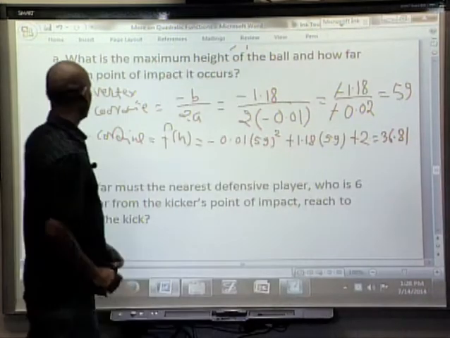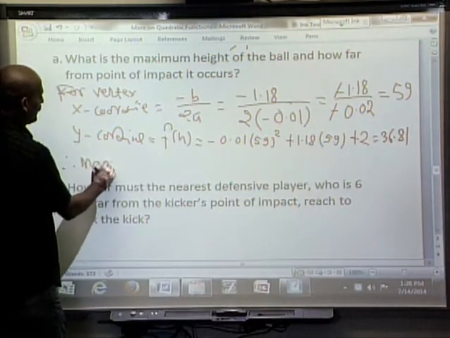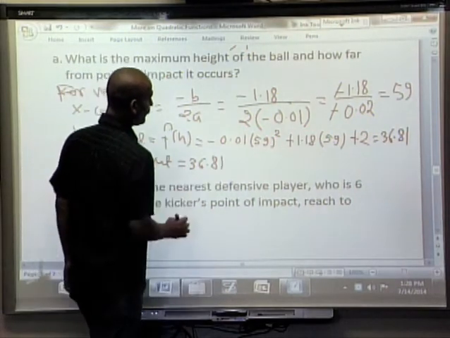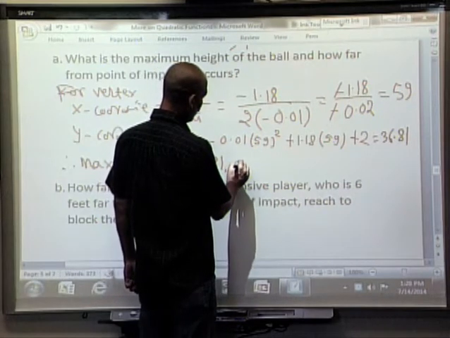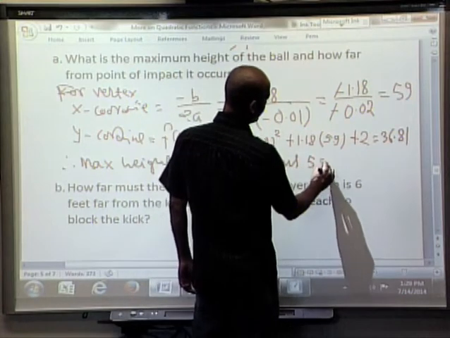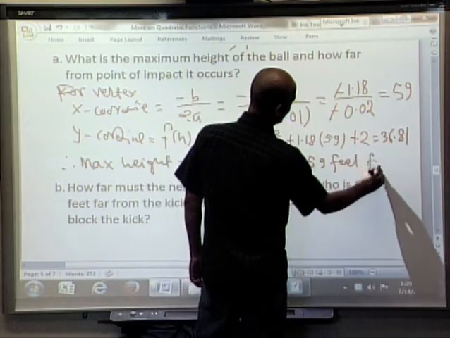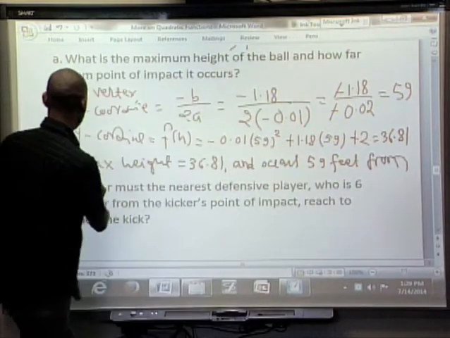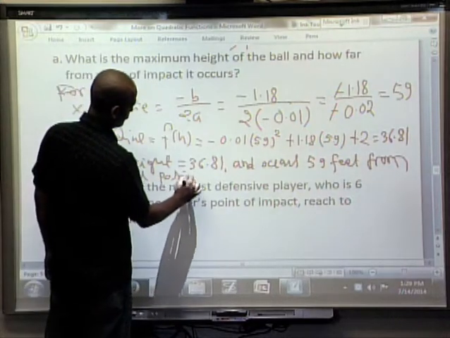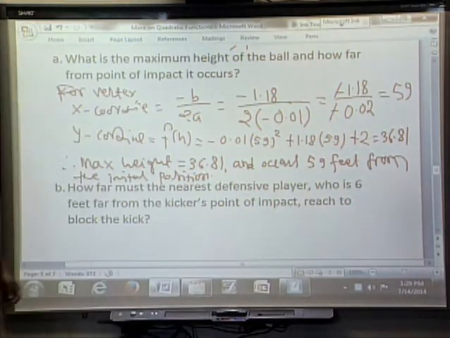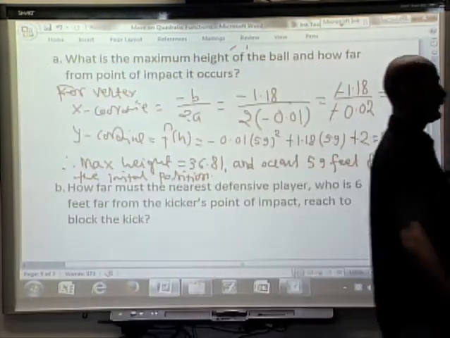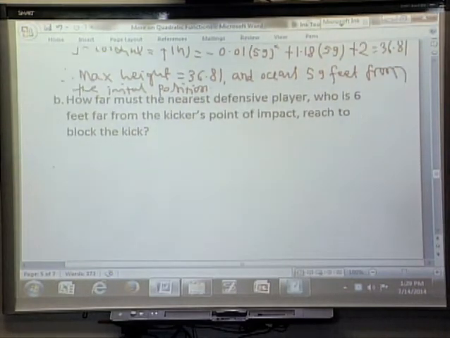Therefore, we could say the maximum height equals 36.81 and occurs 59 feet from the initial position. Okay. So far so good. We found the maximum height of the ball.